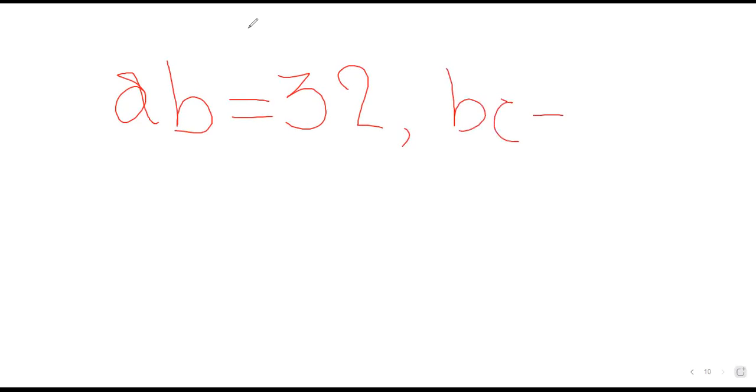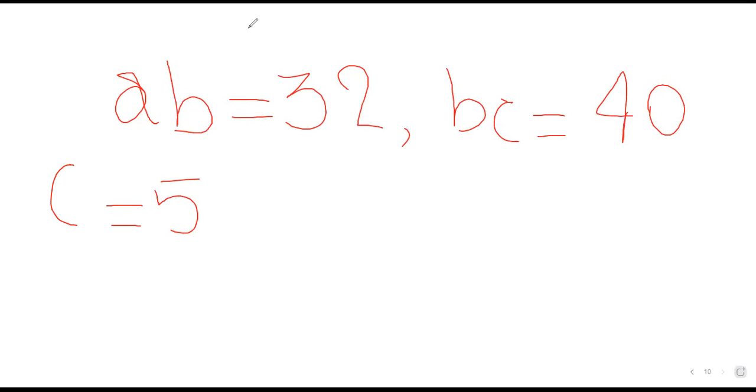A, B. AB is equal to 32 and BC is equal to 40. C is equal to 5.